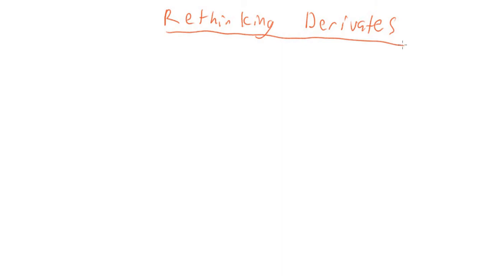Hi, so this is the second video in a two-part series where we're talking about rethinking derivatives. I talked last time about how we can think of functions as actions.